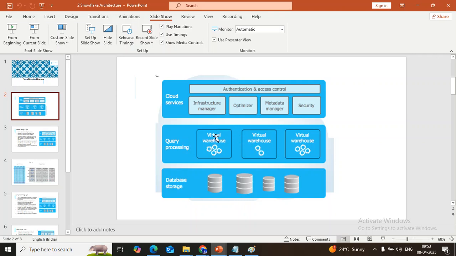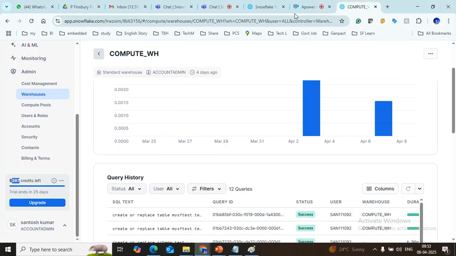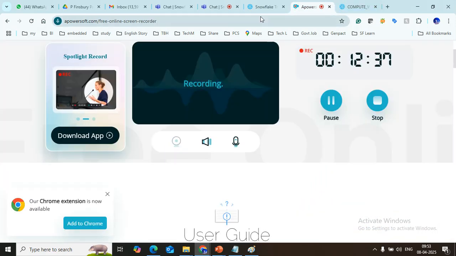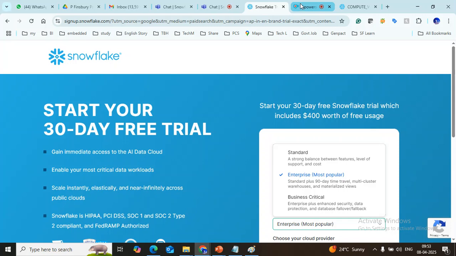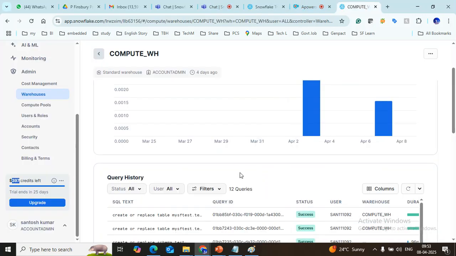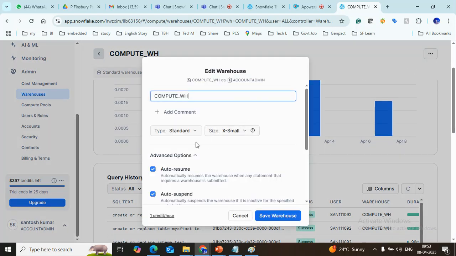How is query processing going to be charged? It is charged on the basis of two types. First you need to understand that it is charged on the basis of the size of your warehouse.